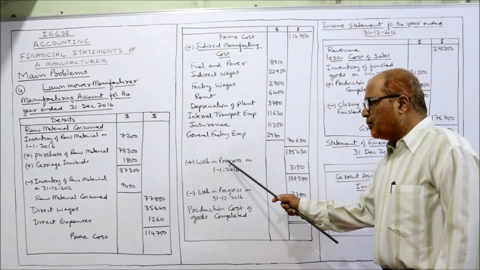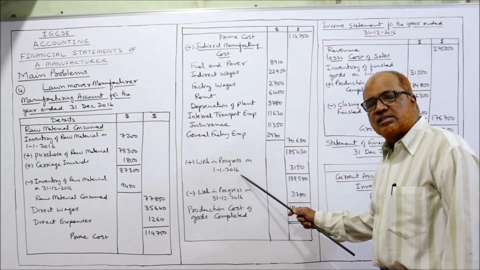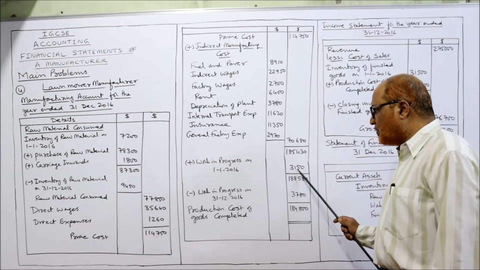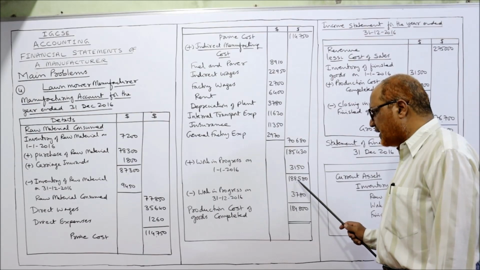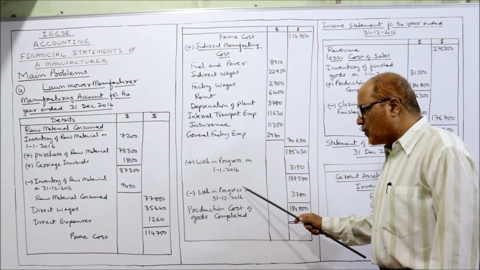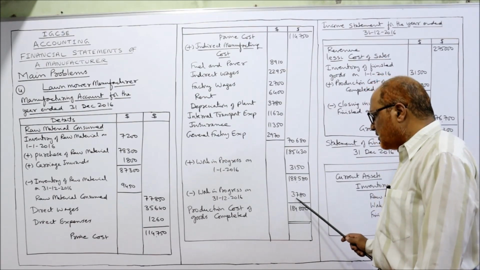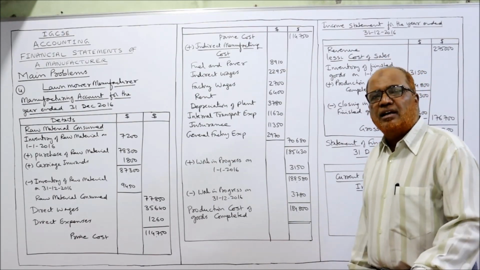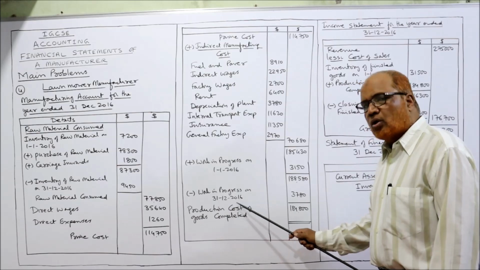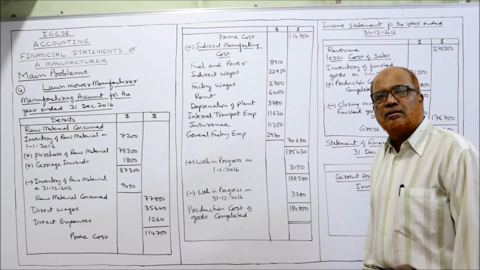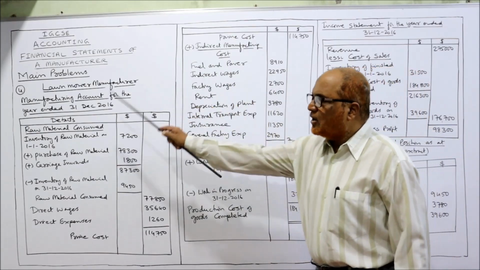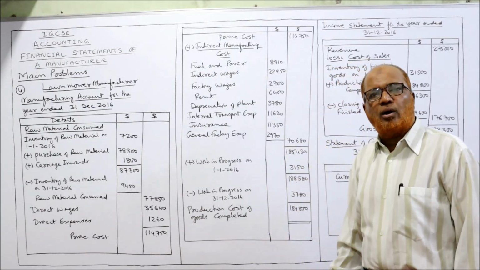So add work in progress on 1st January 2016 given in the problem, 3,150, add up 188,580, minus work in progress on 31st December 2016, end of the year, 3,780. Finally we'll get production cost of goods completed. That's all. This is the end of manufacturing account.